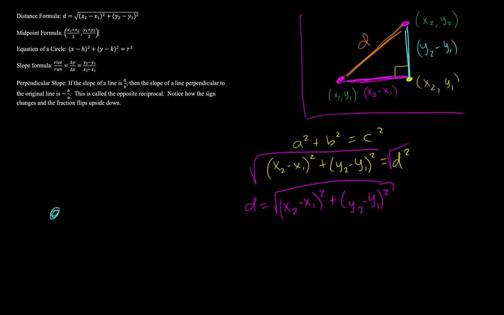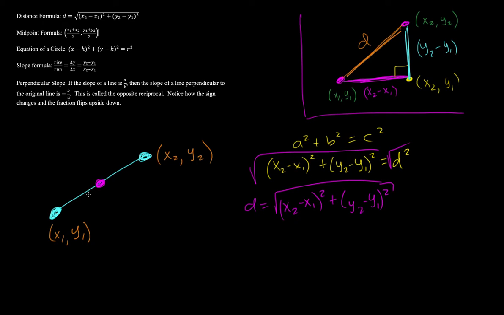Okay, now the midpoint formula, really, the way that I like to think about it is it's just an average. So once again, we have a line segment. We want to know, and we know the coordinates, x1, comma y1, x2, comma y2, and we want to know the point that is exactly in the middle.